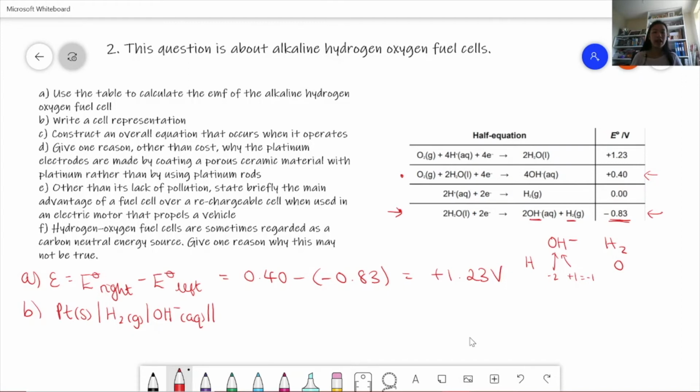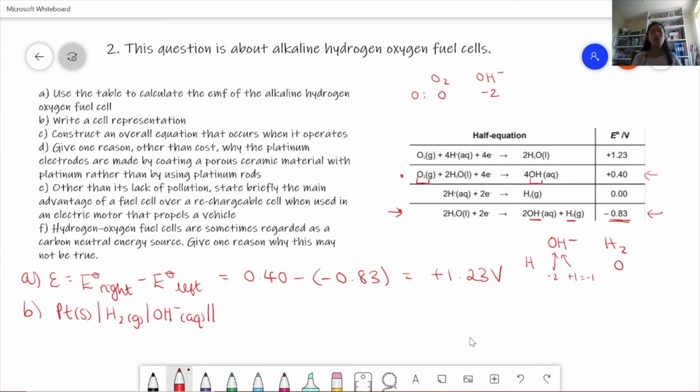And now we work on the other equation. So now we need to have the oxygen and the OH minus. And so again, we work out the oxidation states. So we have O2 and OH minus for oxygen. So for oxygen, the oxidation state in O2 is 0 because it's an element, and in here it's minus 2.